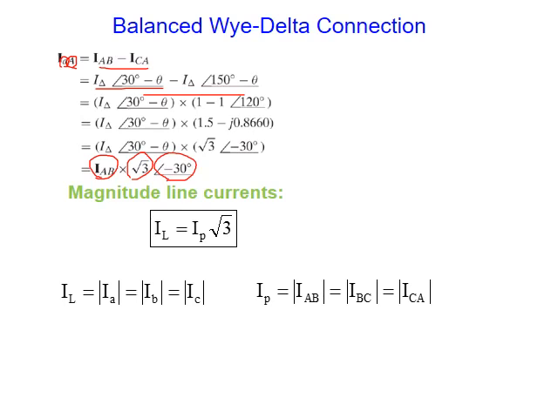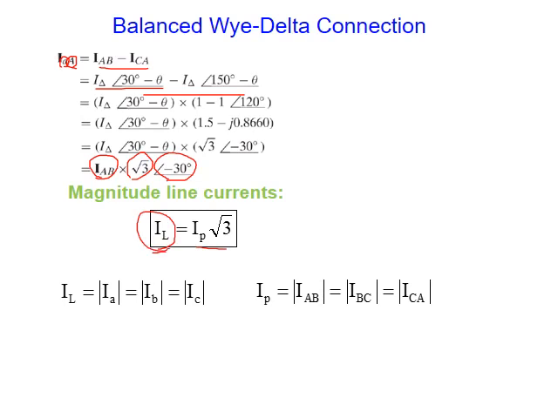It is something close to VAB and VA, but the difference is the opposite. VAB equals square root 3 VAN with angle 30. In general conclusion, I line is square root 3 I phase.